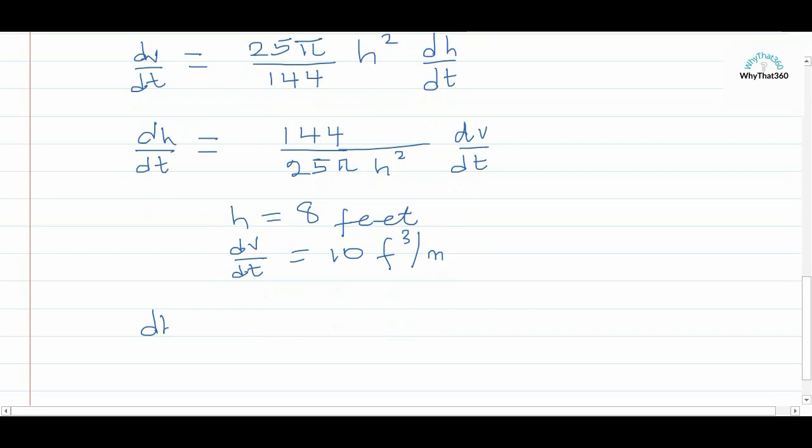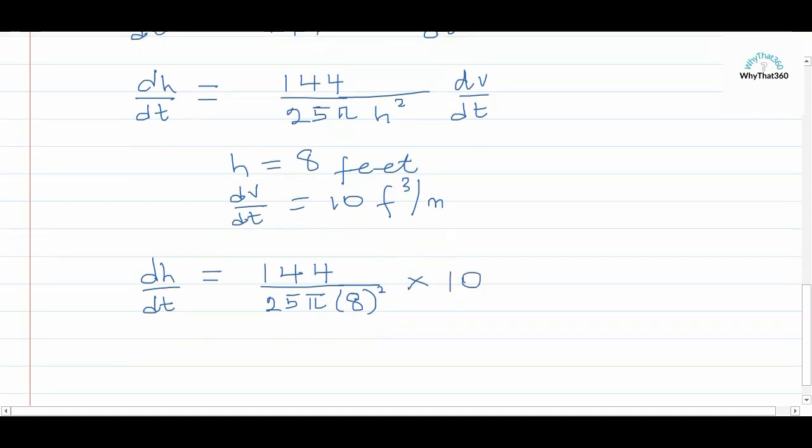So dh/dt will equal 144 divided by 25 pi times 8 squared, all of that times the 10.